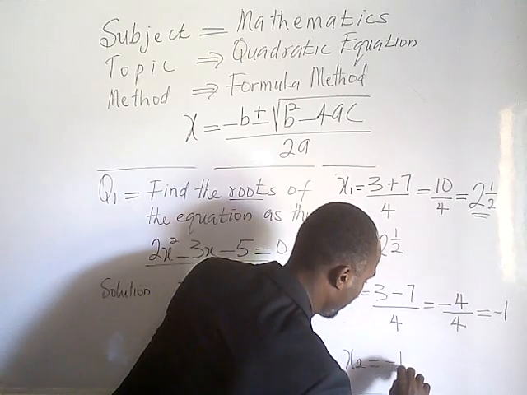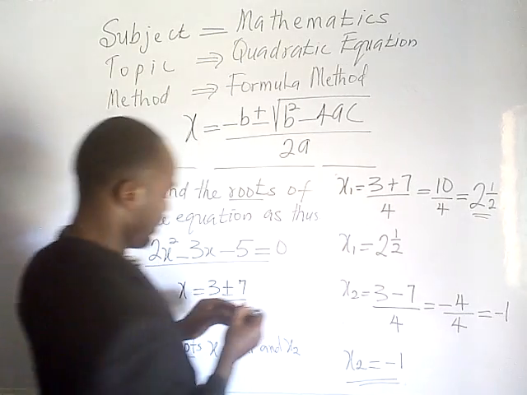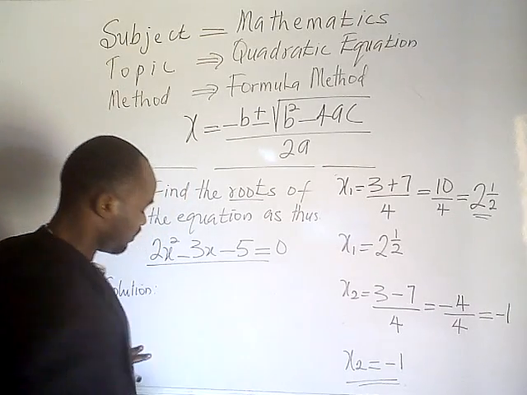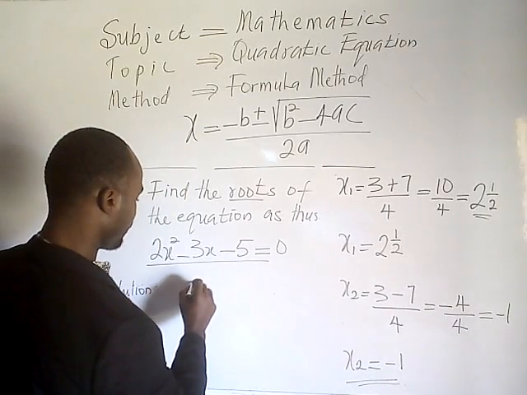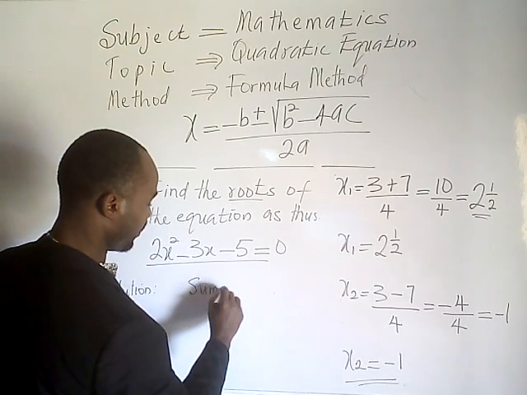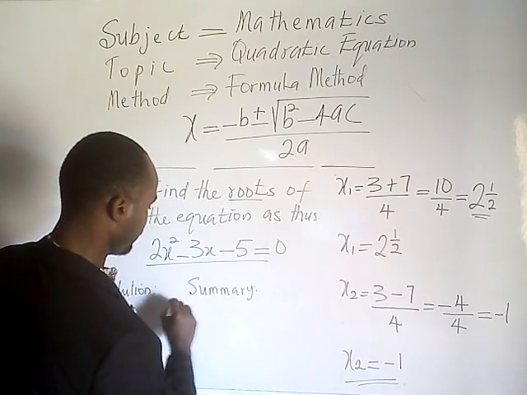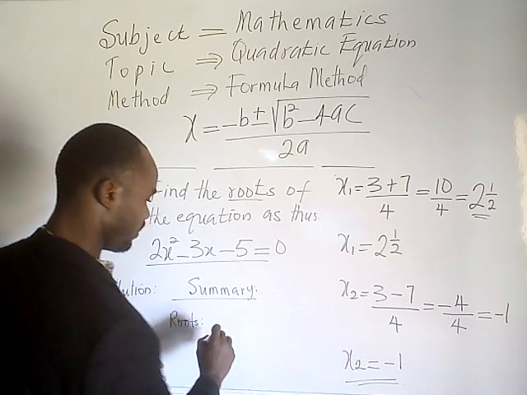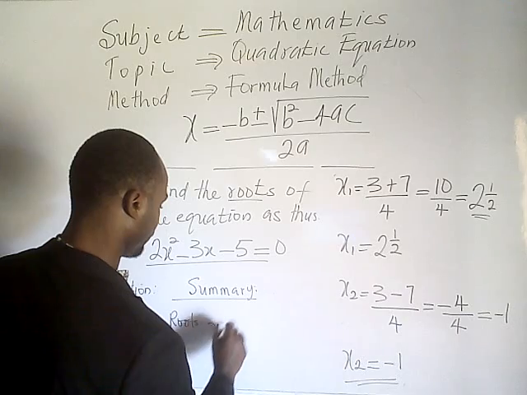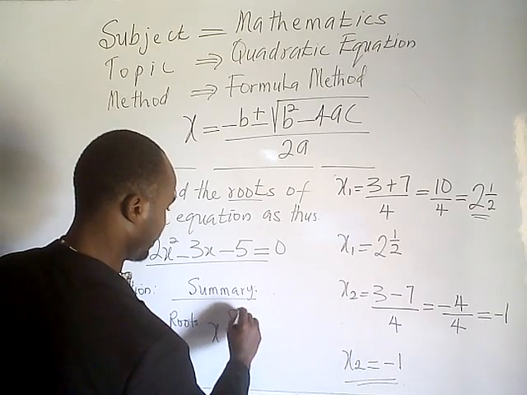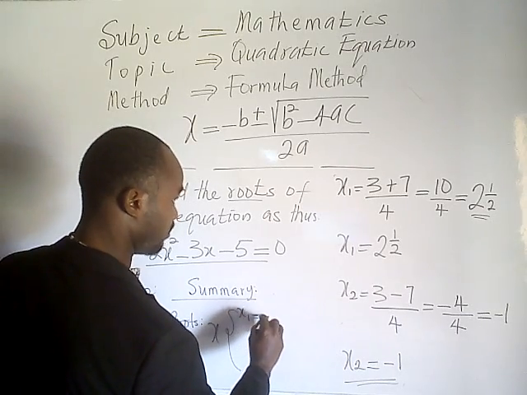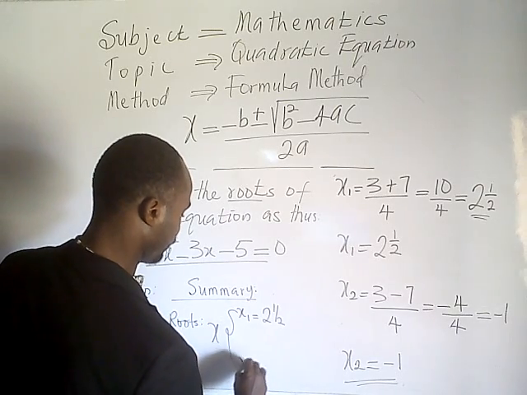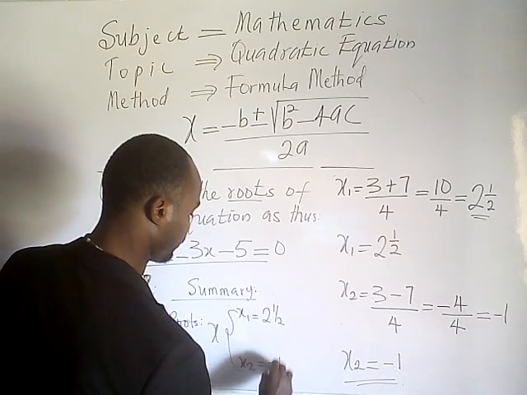In summary, the roots found are: x1 is equal to 2 and 1 over 2, and x2 is equal to minus 1.